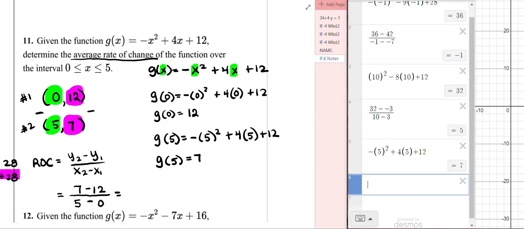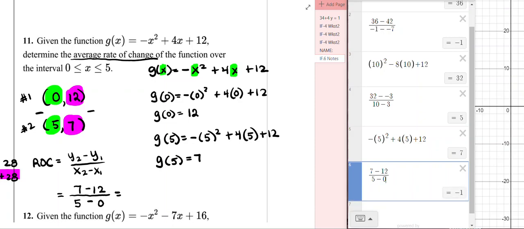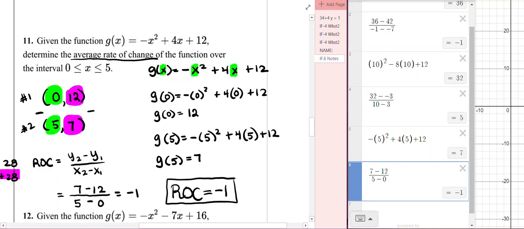Okay, using the calculator, 7 minus 12 over 5 minus 0. And that gives us a negative 1. So the rate of change is negative 1, which means the function is decreasing in that interval.